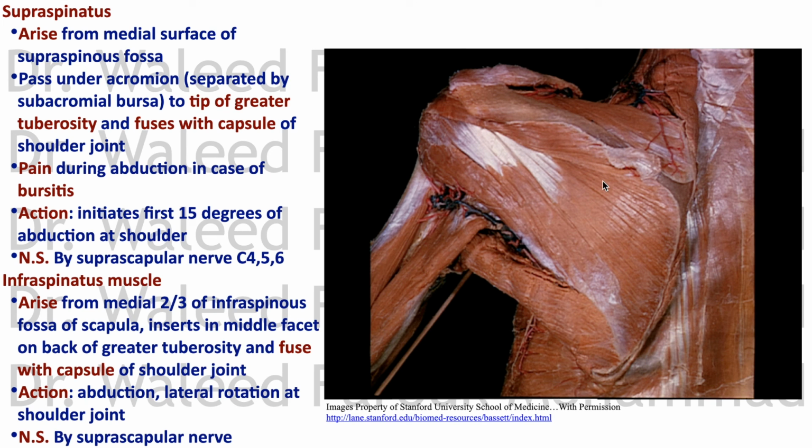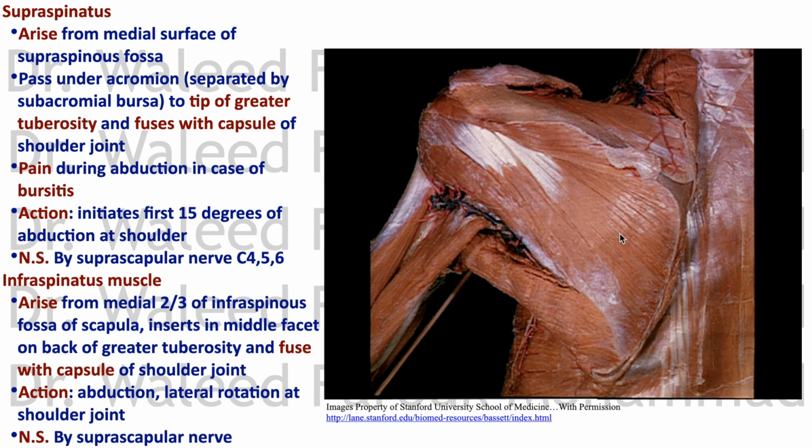The action, it initiates the first 15 degrees of abduction at shoulder, and since the nerve supply is not axillary like the deltoid, a lesion of the axillary does not completely eliminate abduction at the shoulder, because there is still a degree of abduction because of the supraspinatus.